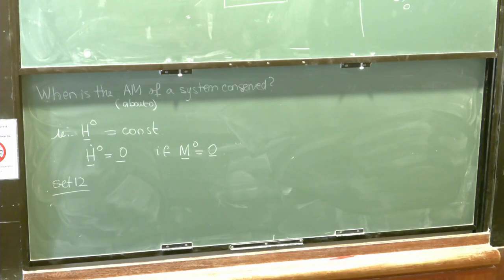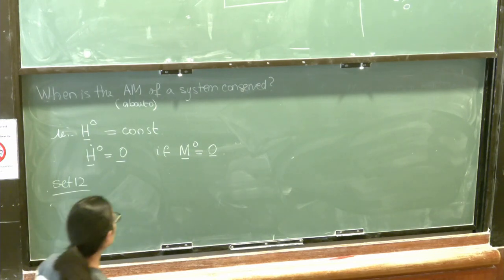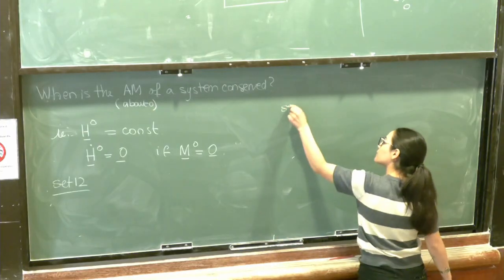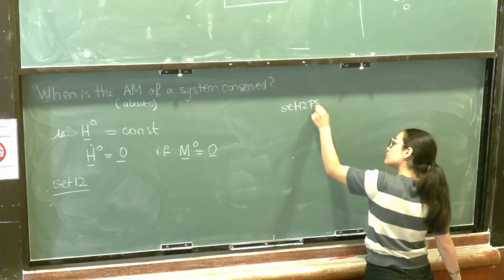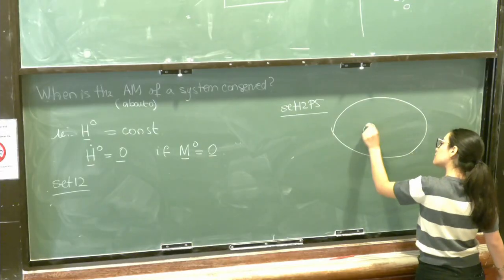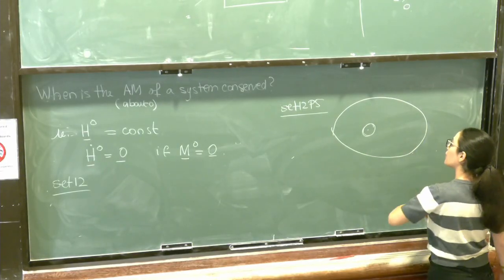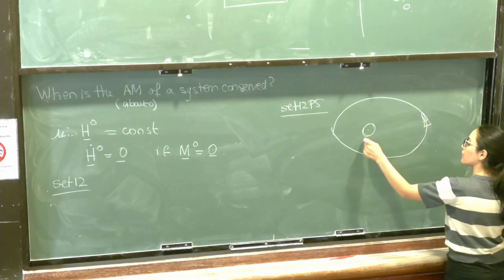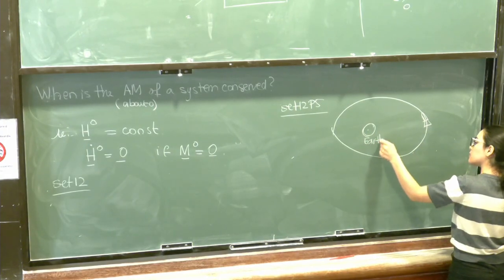In problem 5, we're looking at a space shuttle orbiter orbiting the Earth. This is the Earth, this is the space shuttle. It's orbiting the Earth.